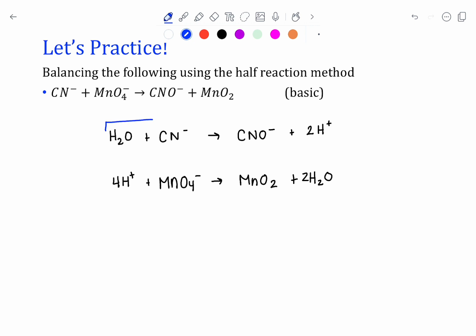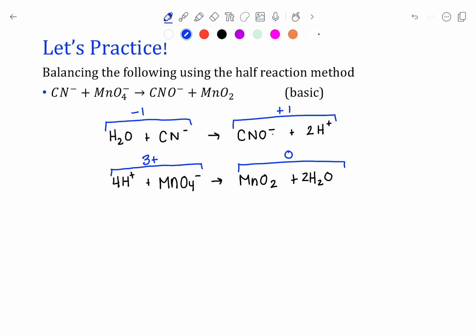So let's take stock of what's on either side. In our first reaction, we have a -1 charge on our reactant side and a +1 charge on our product side. Remember, this -1 is going to cancel out one of those 2 pluses, so we have a +1 on our product side. And then in our second reaction, we have a 4+ and a minus, leading to a 3+ charge on our reactant side and a 0 charge on our product side.